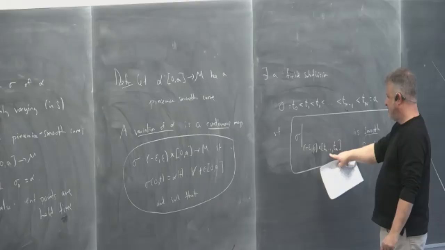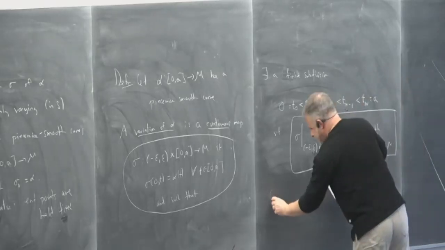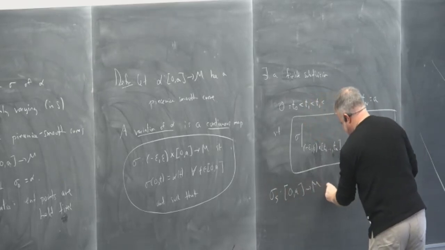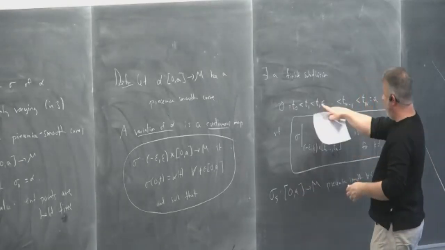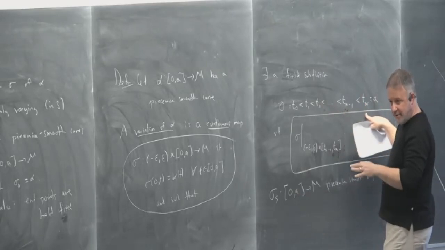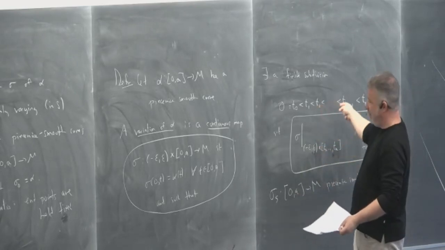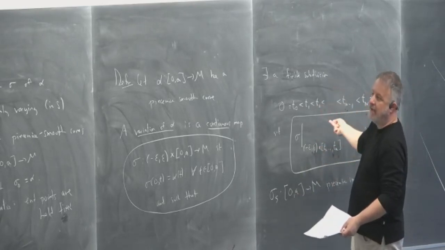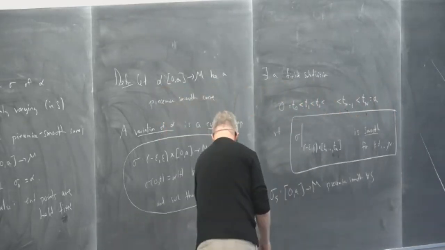So in other words, sigma s from 0 to a is piecewise smooth for all s as a function of t, right? And the places where the jumps can occur are all at the same places for any s. That's part of the data. Of course, you can come up with more general variations that don't have this nice property, but we're not going to need them for what we want to do. This is the most general class that we need.